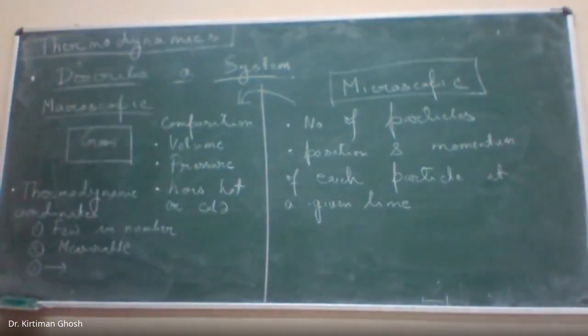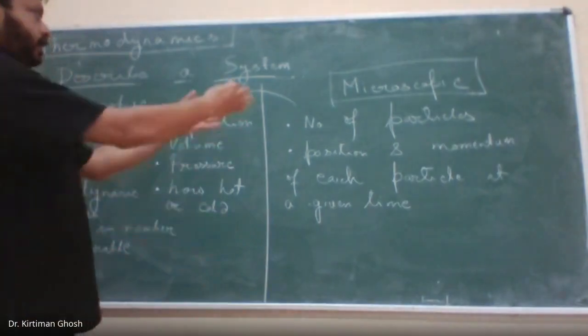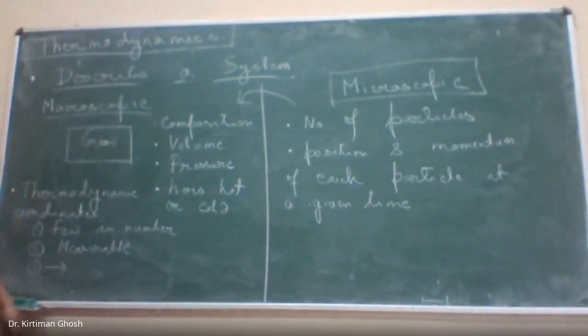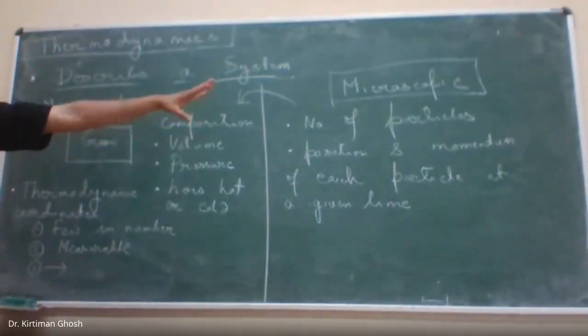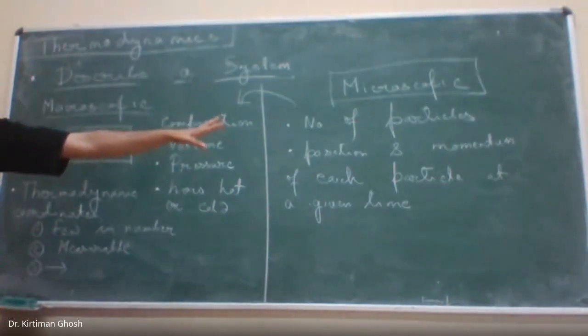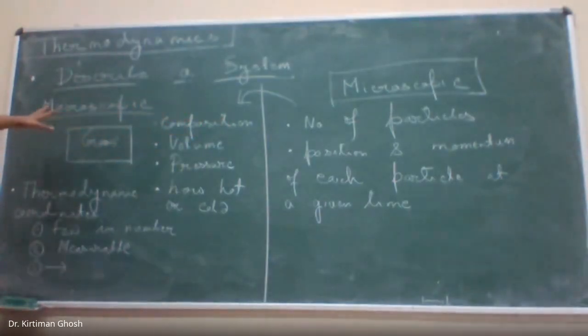If you do some statistical analysis, you will be able to use these variables to get some idea about the thermodynamic behavior of the system. So we will not discuss the microscopic description of the system here. We will be concentrating on the macroscopic description of the system.